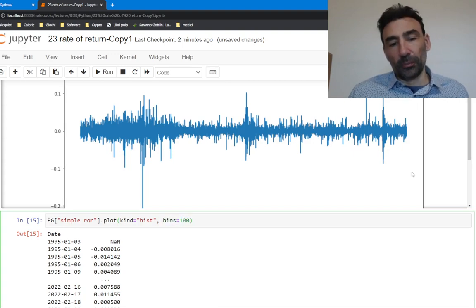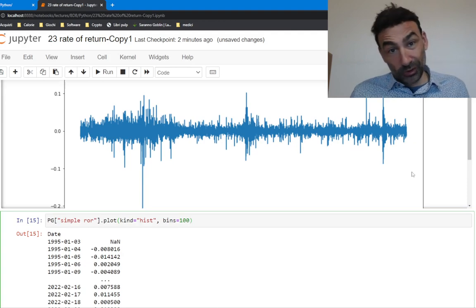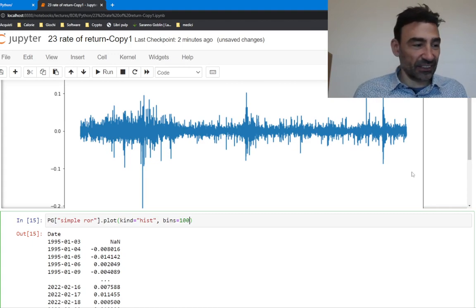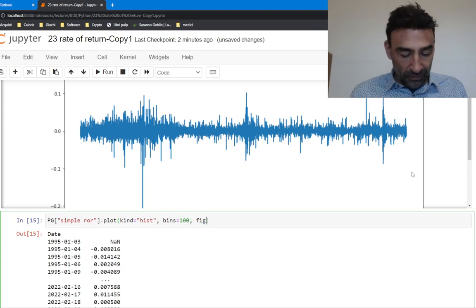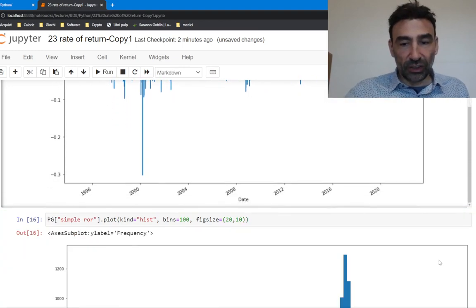I hope in some statistical courses somebody told you how to build a histogram and what's the meaning of bins and how many to choose. So don't choose 100 bins if you have only 200 days, because it doesn't make sense. And then the usual figure size equal 20, 10. I think everything is fine. And so it will automatically draw a histogram.